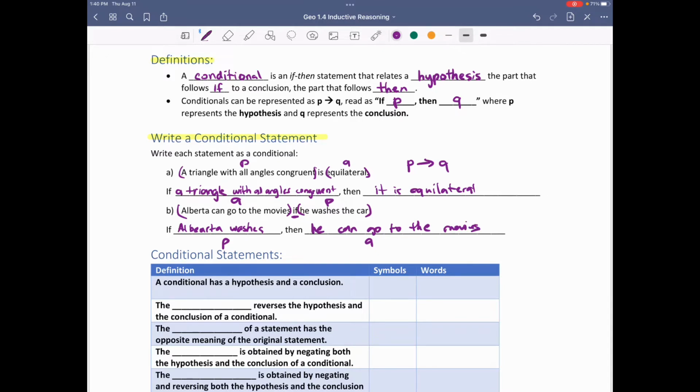So as you can see, that was our conditional statement. If Alberto, P, washes the car, then Q, he can go to the movies.